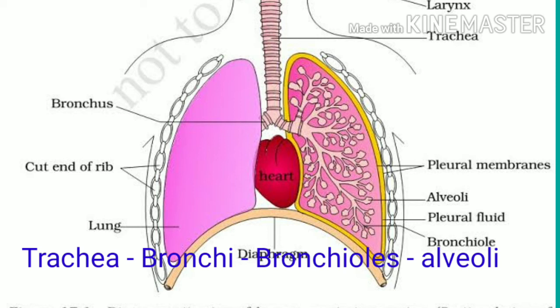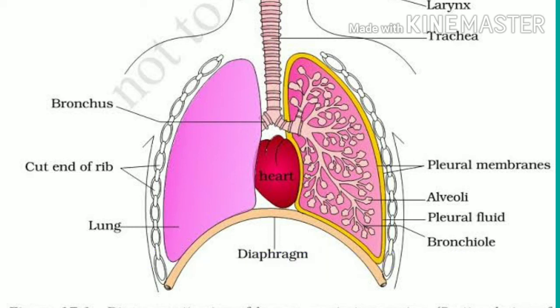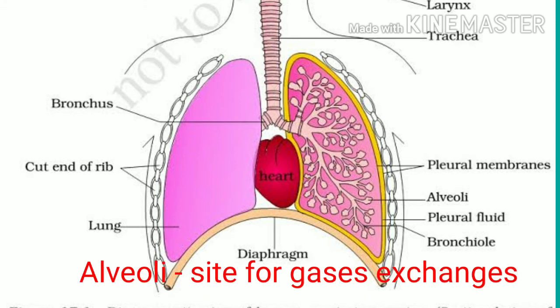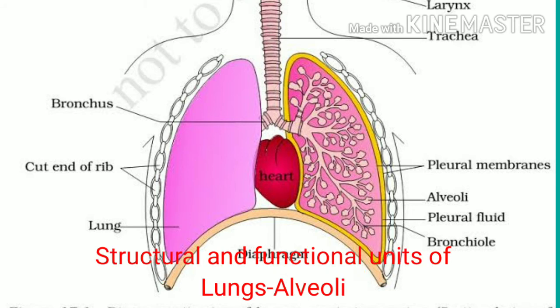Air enters the primary, secondary and tertiary bronchioles, and finally enters the alveoli. Millions of alveoli are in each lung, which are the place of gas exchange. So the structural and functional units of the lungs are the alveoli.